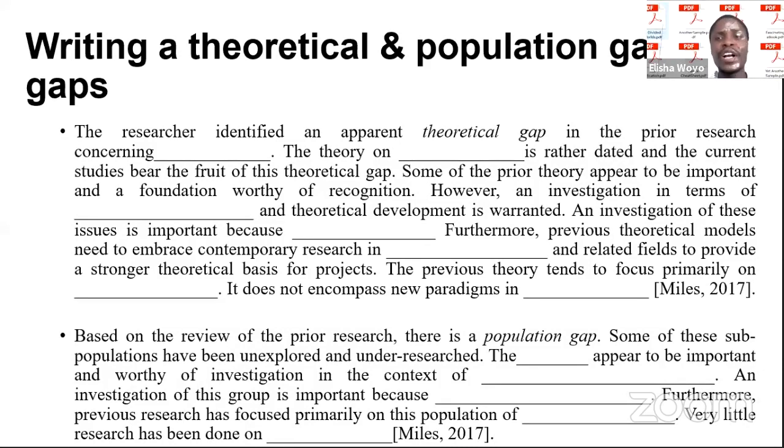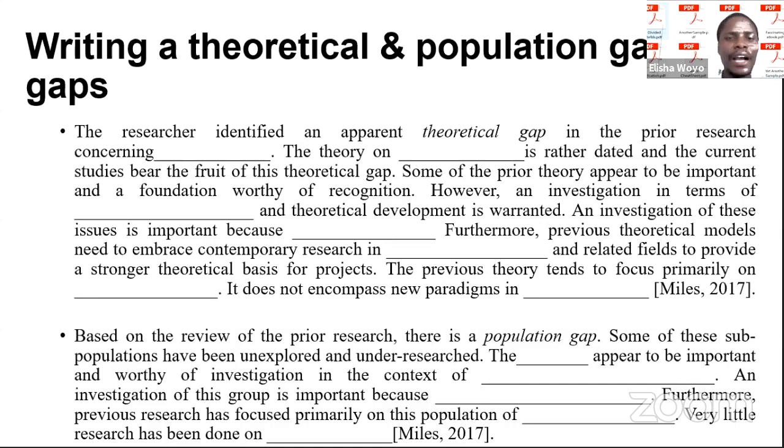Why? Because it focused primarily on this and it didn't encompass this that you want to work on. That will give you quite a strong theoretical gap. And when you write it like that, your audience, your examiners, your panelists, won't struggle to know what exactly you are trying to deal with.